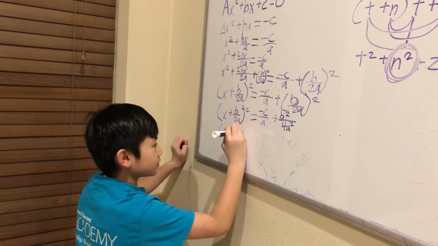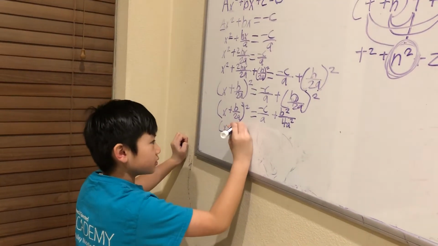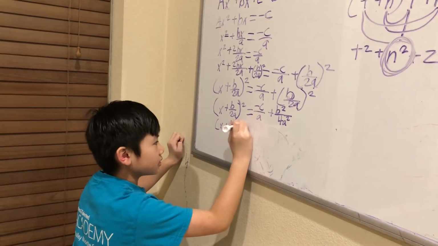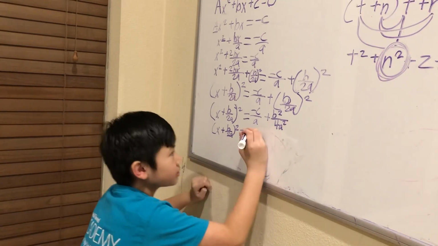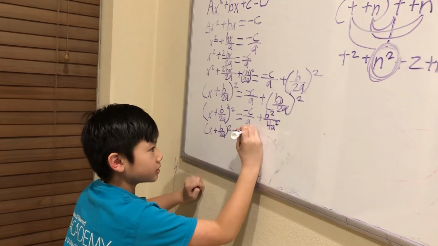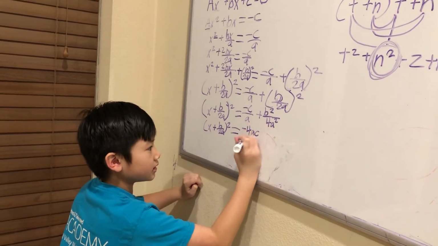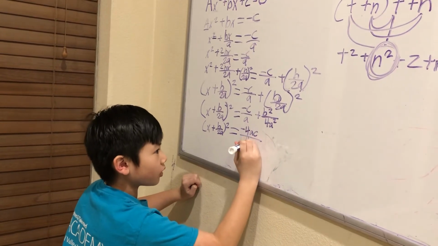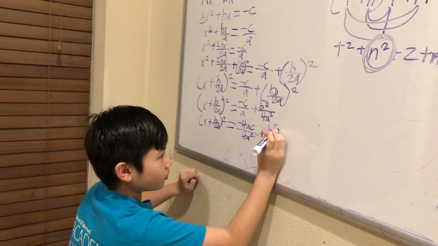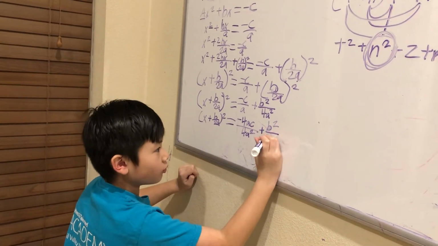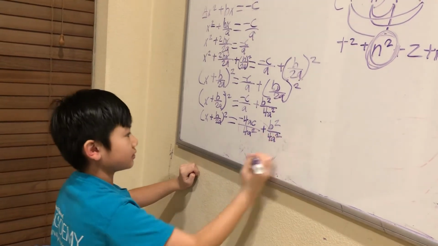So it becomes negative 4ac divided by 4a squared plus b squared divided by 4a squared.